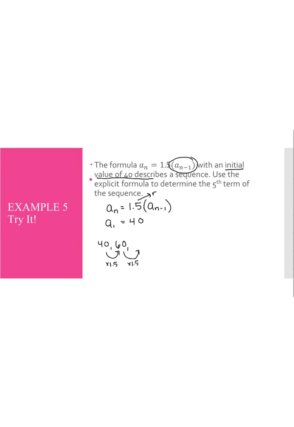But they did ask us to write an explicit formula, so I'm going to do that. Our explicit formula, a sub n equals a sub 1 times r to the n minus 1. I know our first term is 40, and we know our common ratio or pattern is 1.5. If I want to know the fifth term, I just plug in 5 for n.